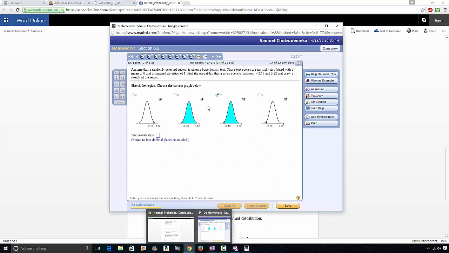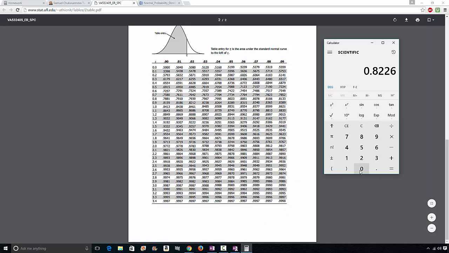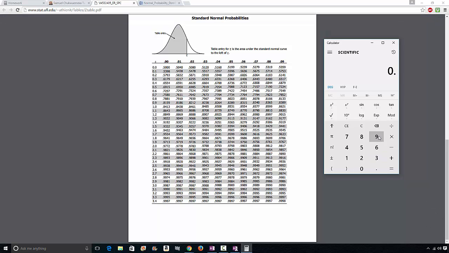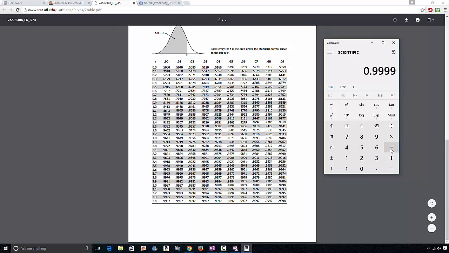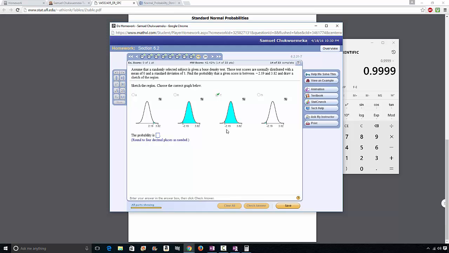So like I was saying, if it is greater than 3.49, use 0.9999. So that is what we will use: 0.9999 minus. Now the next one is negative 2.19.